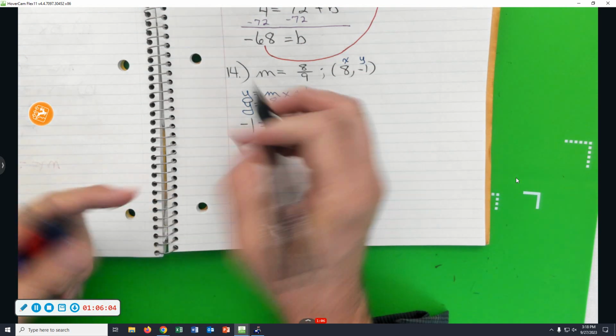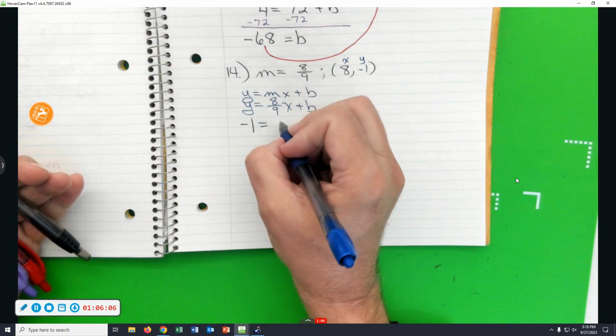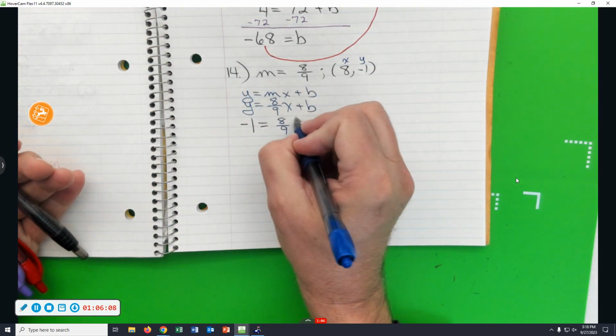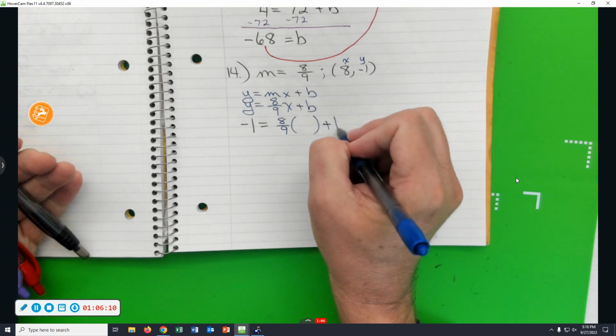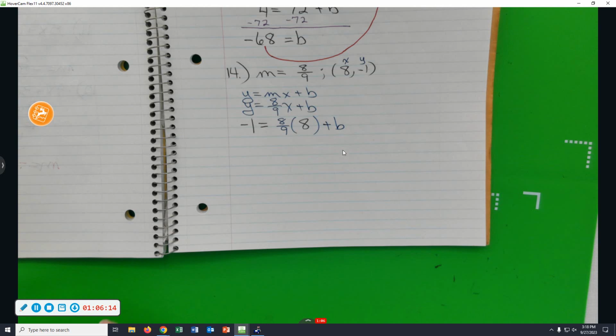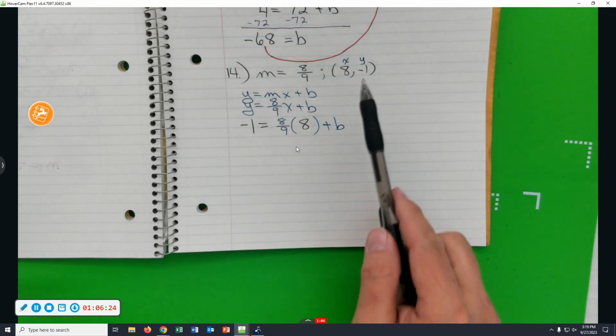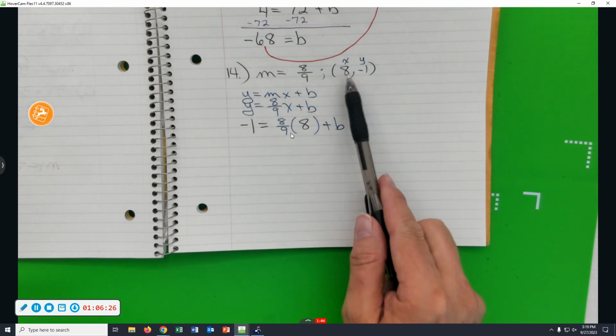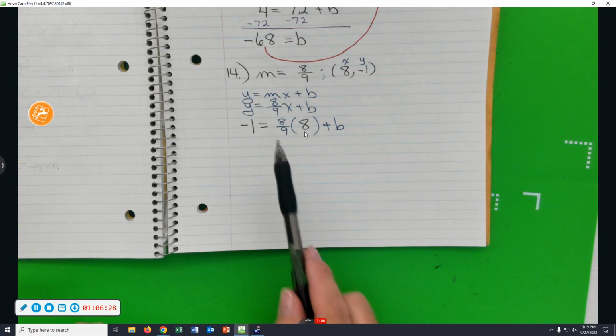-1 is equal to 8/9 times 8 plus b. It's a good review of multiplying. So we replace the y with -1, replace the x with 8.